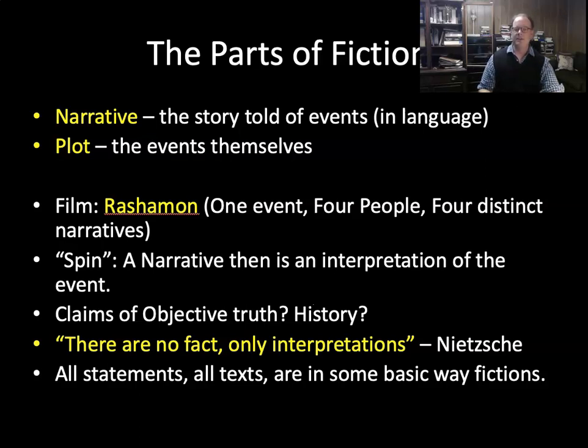Because a narrative is just a story told about the facts that's spun in a certain way from a certain interpretive perspective, and it's not the facts themselves, right? So a narrative is just what you'd like to see, or what you think you saw, or it's taking the facts and putting them together in a yarn in a way that you'd like, but not necessarily in a factual way.